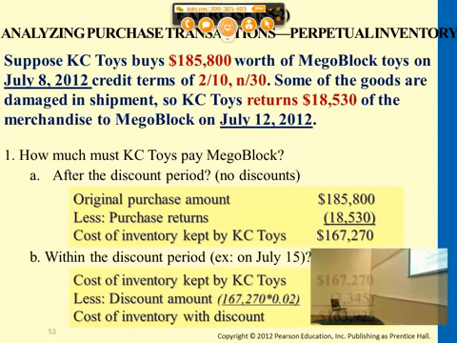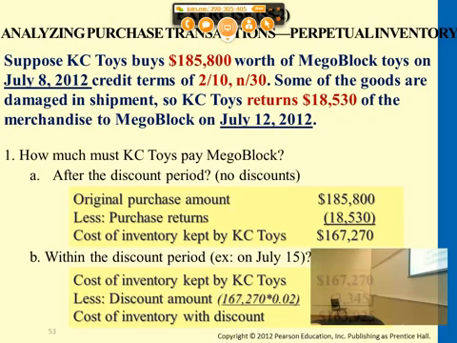Remember that you have the original purchase amount, and if you do an inspection very quickly after receiving the goods, usually within a week, and we realize part of the inventory is not what they ordered, or is damaged and not useful for their target customers, then you reduce that amount, and if that is after the discount period, that will be it for this problem.